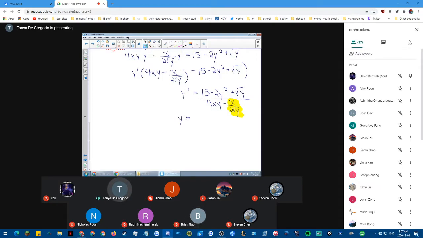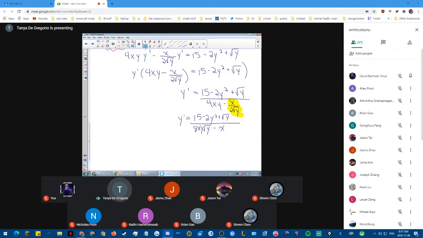Excellent. We're going to find the common denominator in this denominator. Okay, so the common denominator would be 2 root y. Yes, so the numerator stays the same. And in this denominator now, it's going to be 4xy multiplied by 2 root y. So it's going to be 8xy root y, and then minus x.